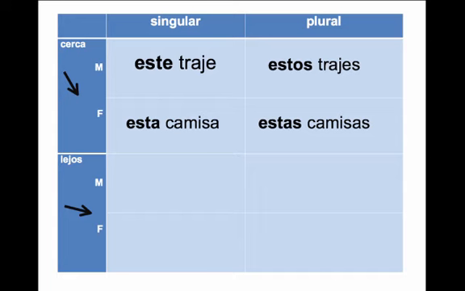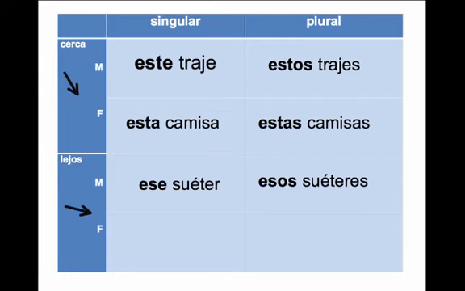So these are all objects that say this and these. And so that's why we have cerca on our chart to show that it's something that's close by. Well, what if it's far away, lejos? You may remember from the example that that sweater becomes ese suéter. So plural, those sweaters, esos suéteres.